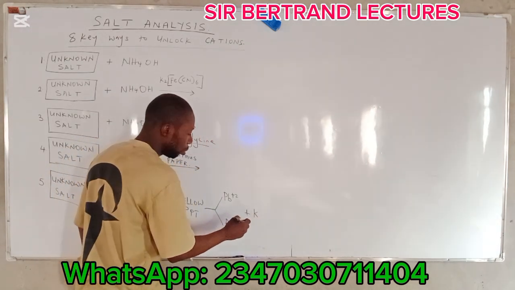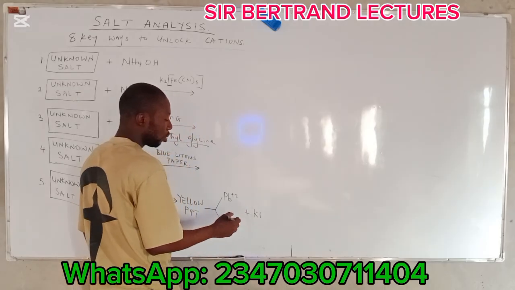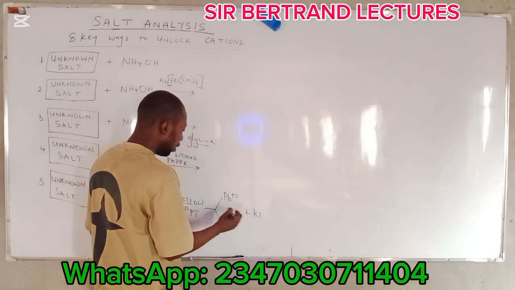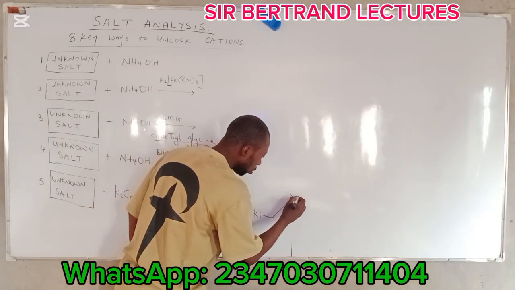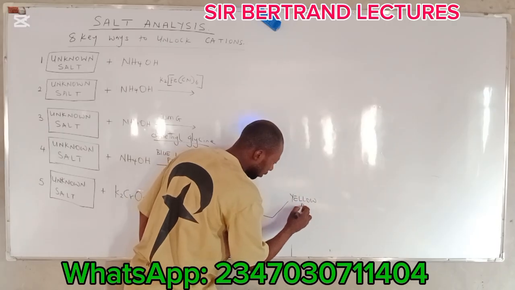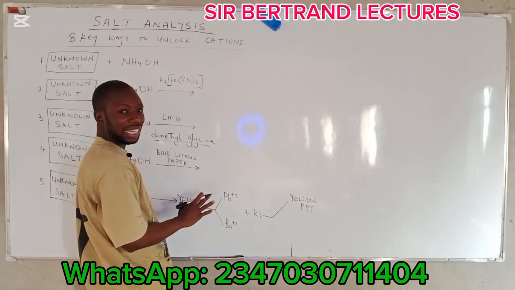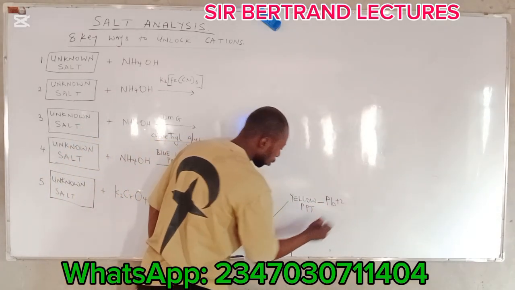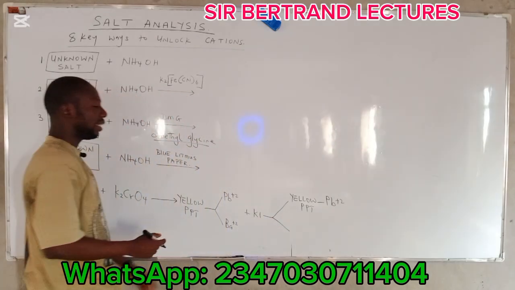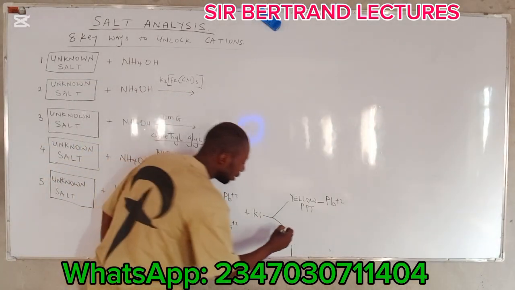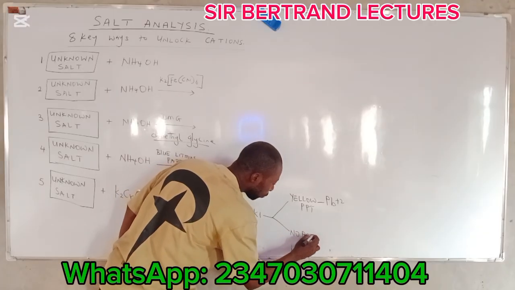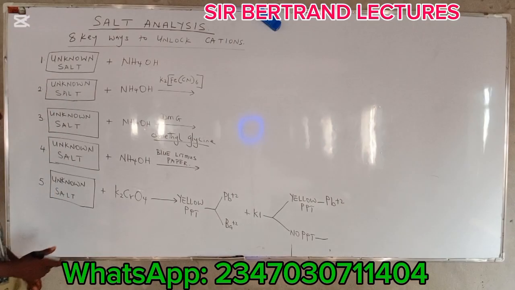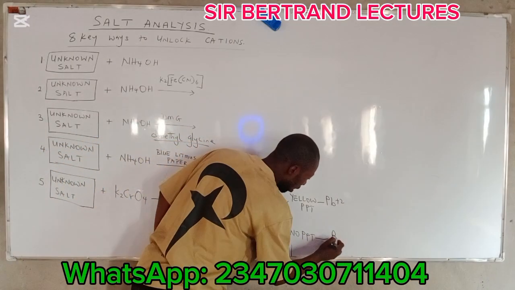Then introduce potassium iodide. If it still gives yellow precipitate, you know that the cation that is present is lead ion. Then if after adding potassium iodide, no precipitate is formed, it shows that the cation present in the unknown salt sample is barium ion.